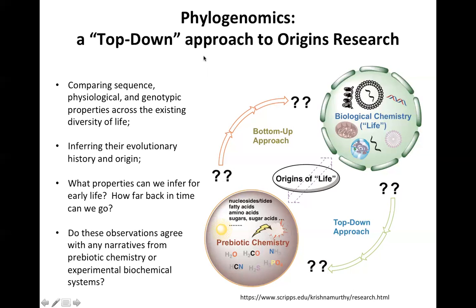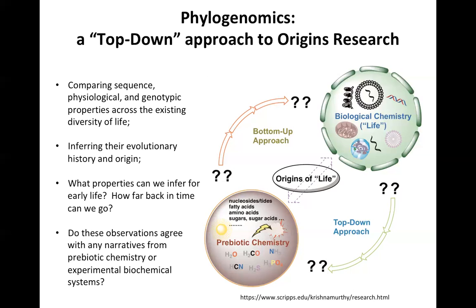So this allows us to ask a lot of interesting questions because unlike prebiotic chemistry, unlike bottom-up approaches, this is inherently a historical process. We are trying to rewind the tape of life and infer events that actually occurred as far back as we can. And so we can think about some of the big questions. What properties can we infer for early life?